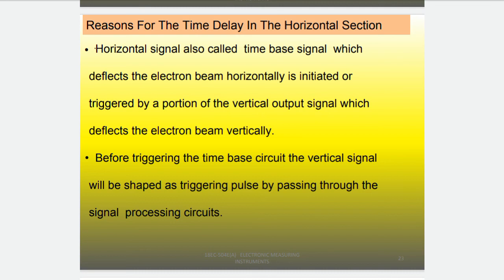The horizontal signal is also called the time base signal or sawtooth signal, which deflects the electron beam horizontally. It is initiated or triggered by a portion of the vertical output signal which deflects the electron beam vertically. Before triggering the time base circuit, the vertical signal is shaped as a triggering pulse by passing through the signal processing circuits.